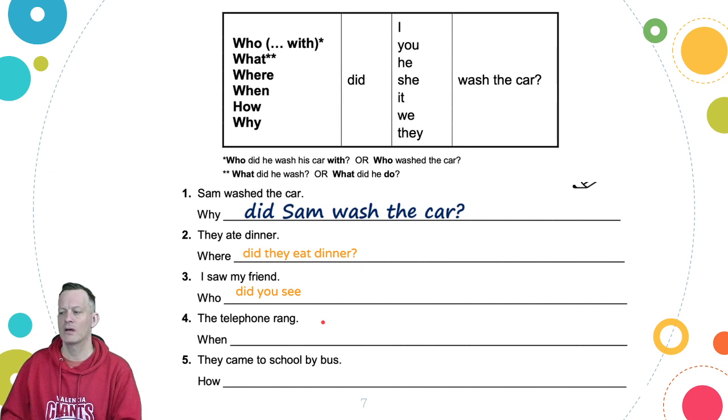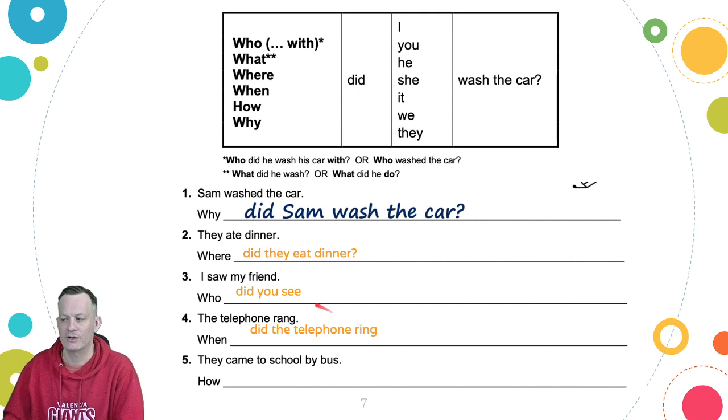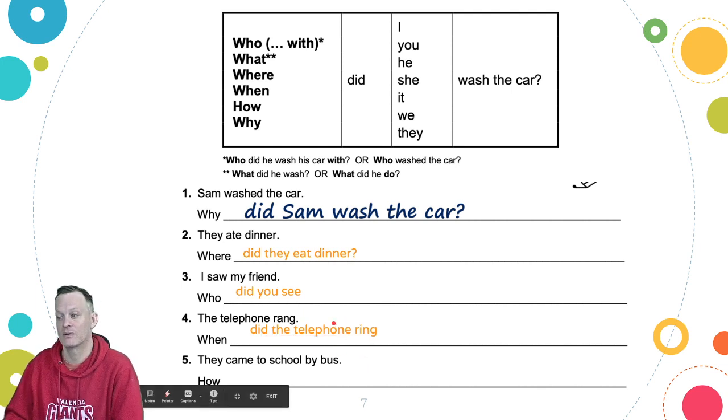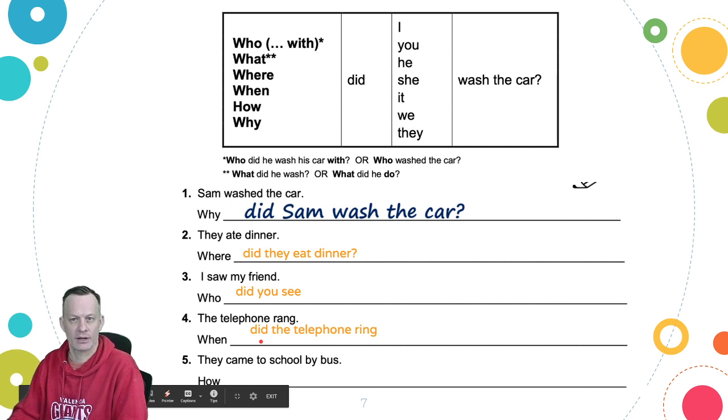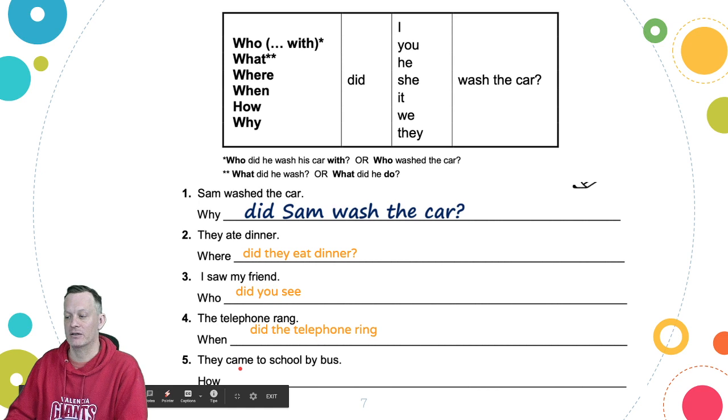Okay, the telephone rang. Sonó. The telephone rang. When? Did the telephone ring? Ring is the infinitive of rang. Ring, rang, rung. When did the telephone ring? They came to school by bus.